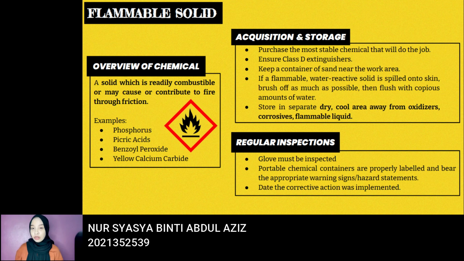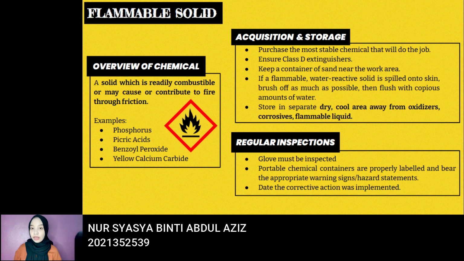So we're moving on to acquisition and storage. My first point is to purchase the most stable chemical that will do the job. Then, ensure Class D extinguishers are easily accessible in flammable storage and work areas. Next, keep a container of sand near the work area because sand can usually be used to smother a fire involving flammable solids.